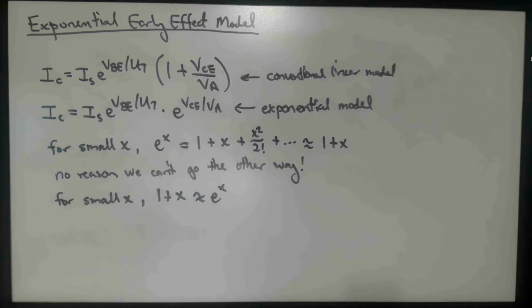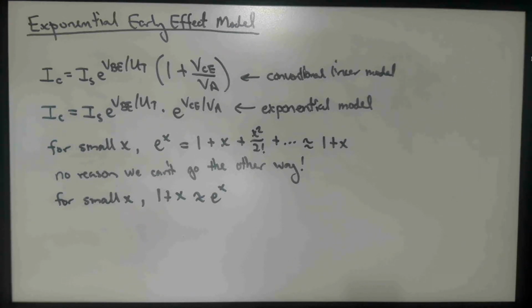And if our VCE is in our power supply range, which might be 0 to 5, or 0 to 3.3, or 0 to 1, then VCE over VA is less than a fifth, more like a tenth or so. So it's in a range where it's fairly small, and this approximation should be a good one.